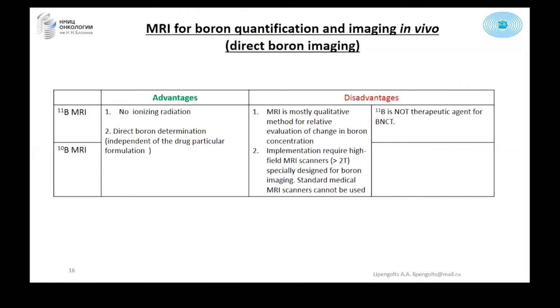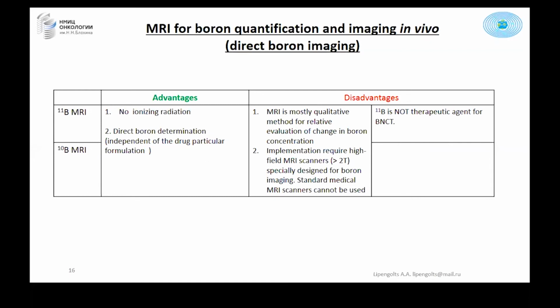However, we should think not only about the patient, but about the medical and technical staff, who are also exposed to ionizing radiation. So if we can exclude some stages of the BNCT procedure from ionizing radiation, that would be great. So the absence of ionizing radiation in MRI is an advantage of this method.